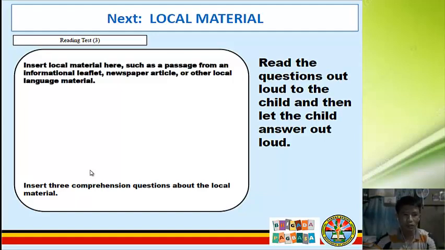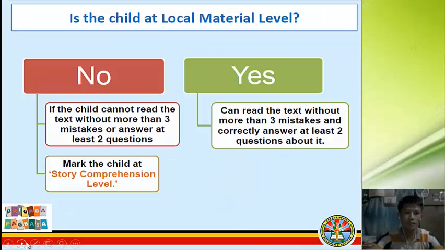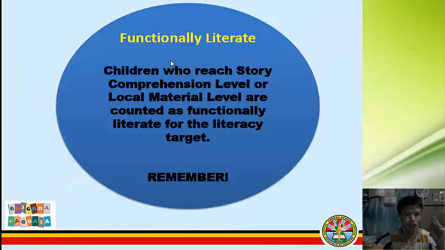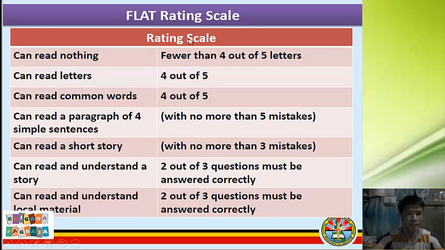So you're going to include that. That's the local material level. No? So muna siya ipabasa sa mga bata. Okay, that's the same process. Functionally literate. If the children who reach the story comprehension level or local material level are counted as functional literate for the literacy target. So this is the flat rating scale.